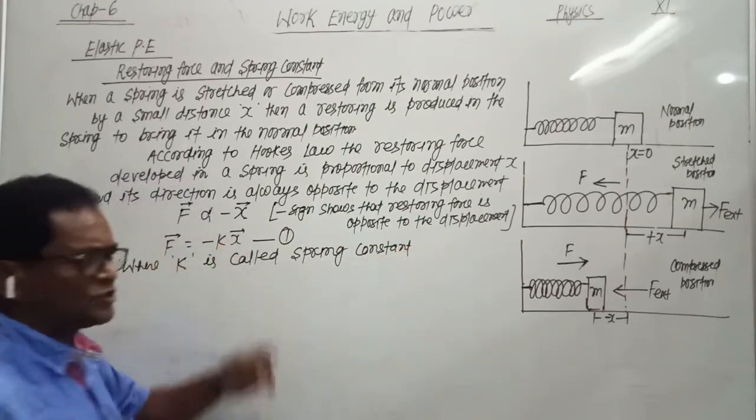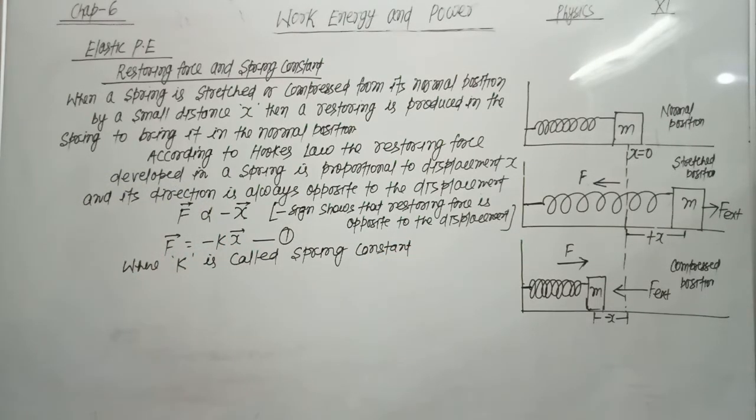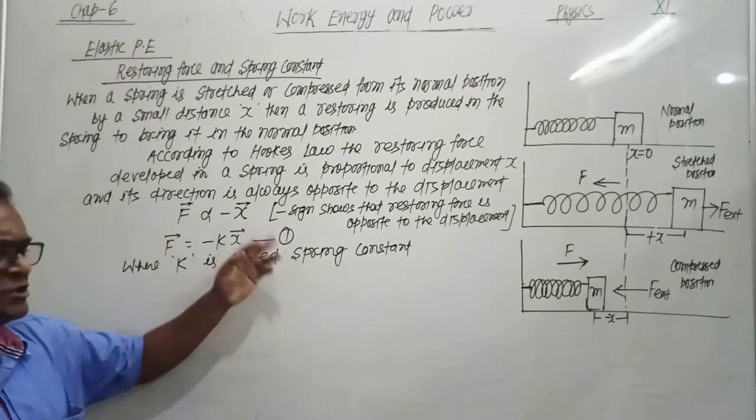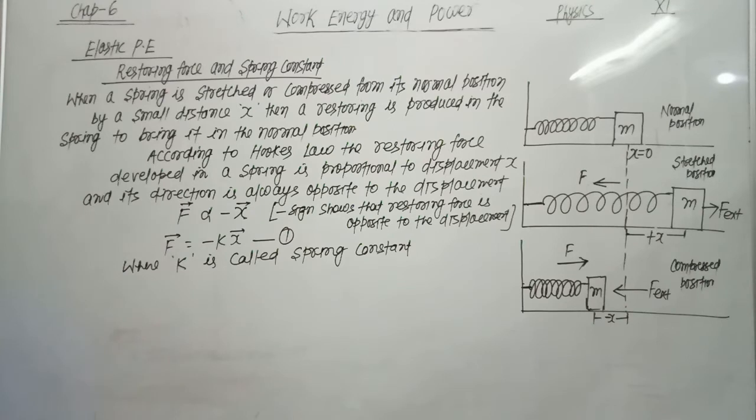The minus sign shows that the restoring force developed is opposite to the displacement. When we remove the proportionality sign, we get F equals minus Kx, where K is called the spring constant.